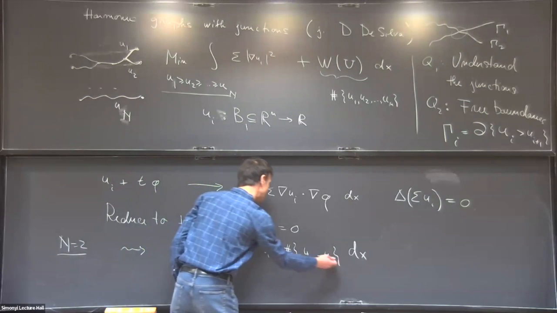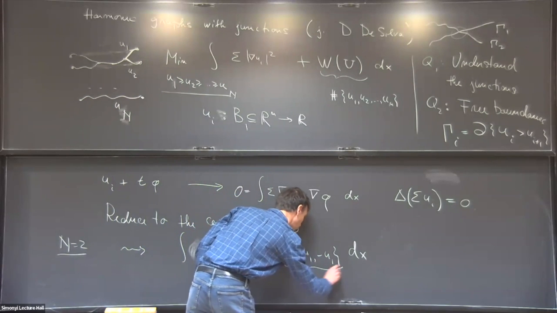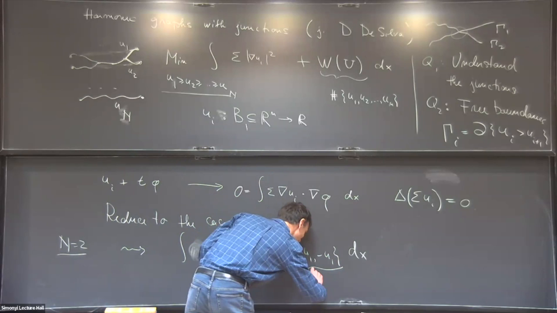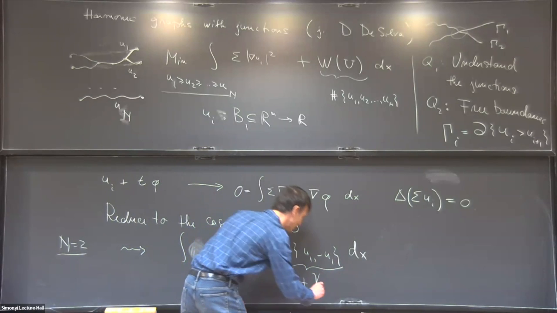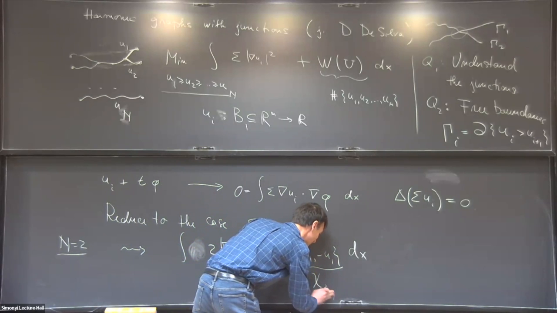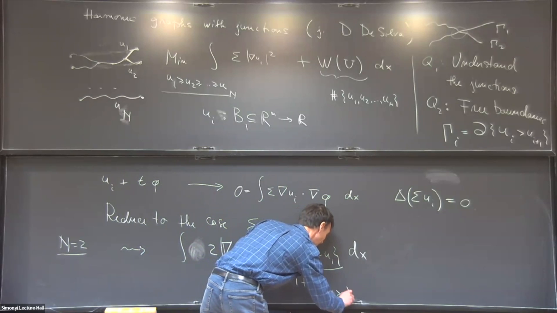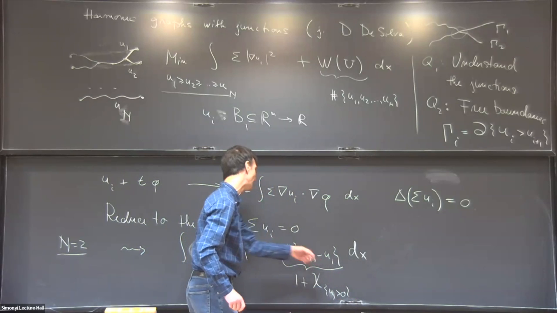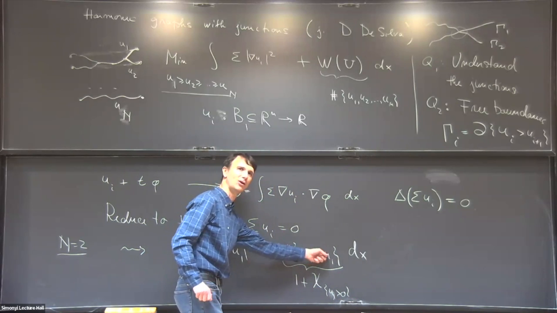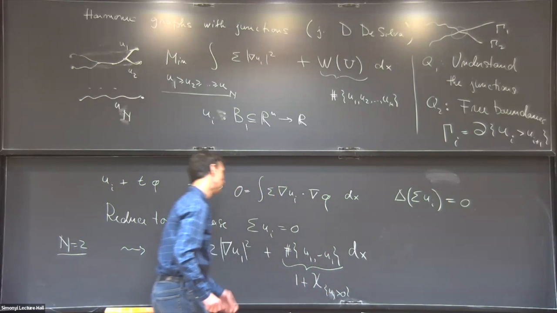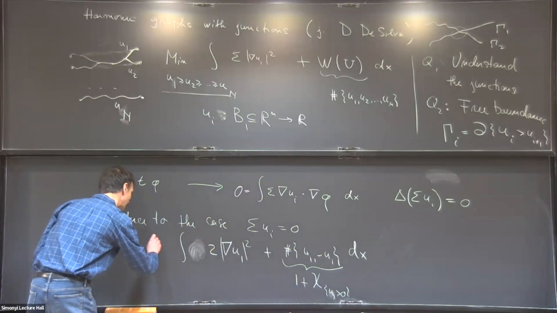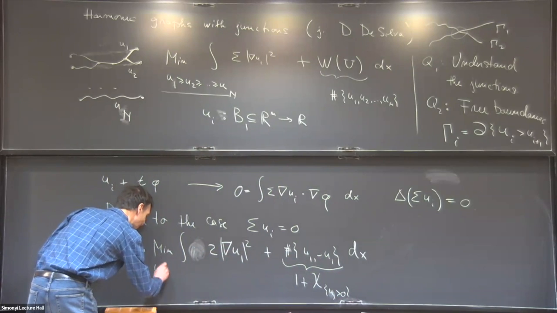And this is simply 1 plus the characteristic function of the set where u1 is positive. So if u1 is 0, you pay just 1 for it, but if u1 is positive, you pay 2. You try to minimize this among all functions that are positive.